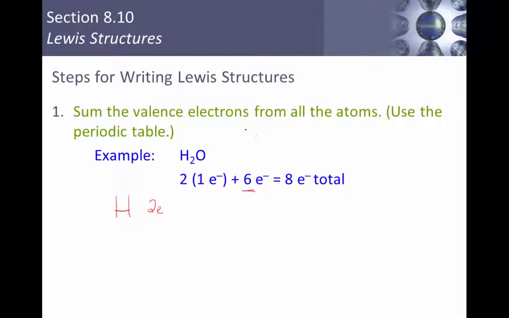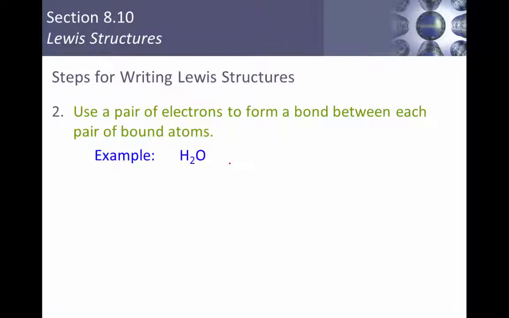And remember, the shortcut to getting the valence electrons is look at what family it's in and use the A values, because the A values are the valence electrons. So oxygen is in group 6A, so it has 6 valence electrons. Now we're going to bond them with dashes. I'm going to draw it over here.